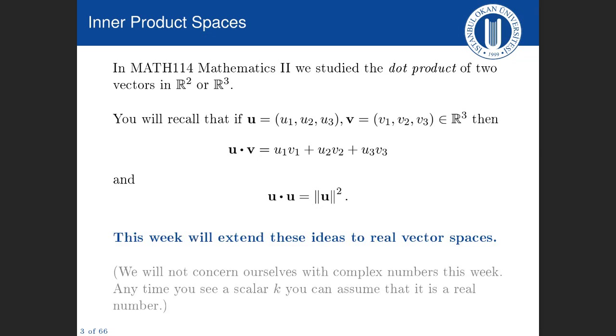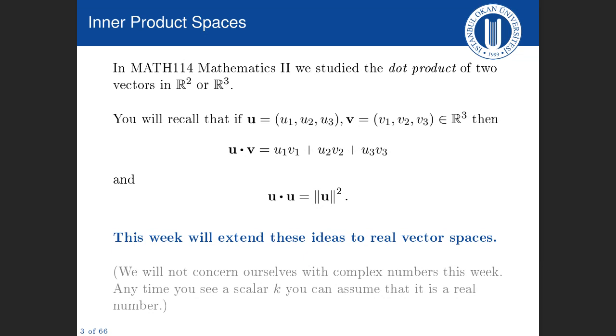In today's lesson, I want to extend the idea of a dot product to real vector spaces. Last week we were talking about complex vector spaces. I don't want to deal with those issues this week. So this week we'll restrict ourselves to real vector spaces.